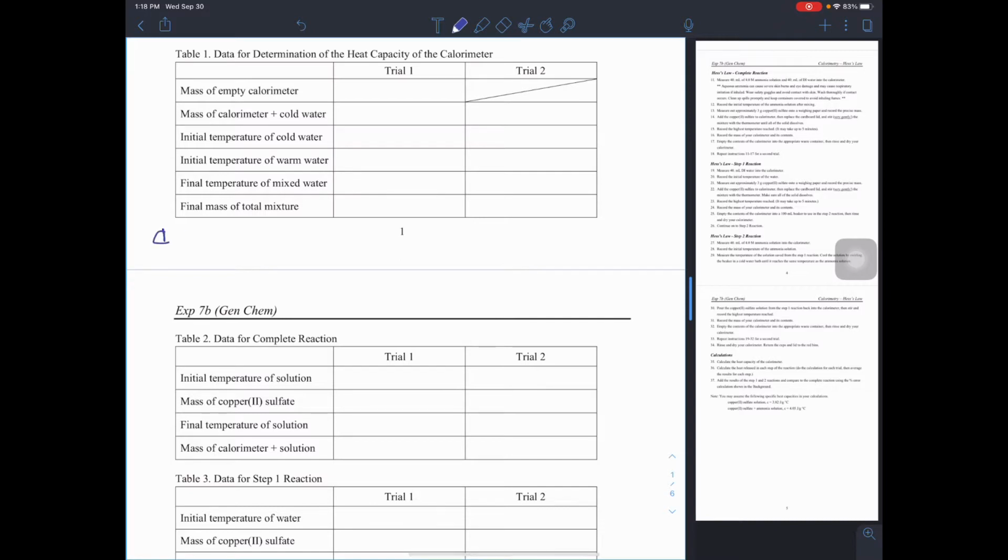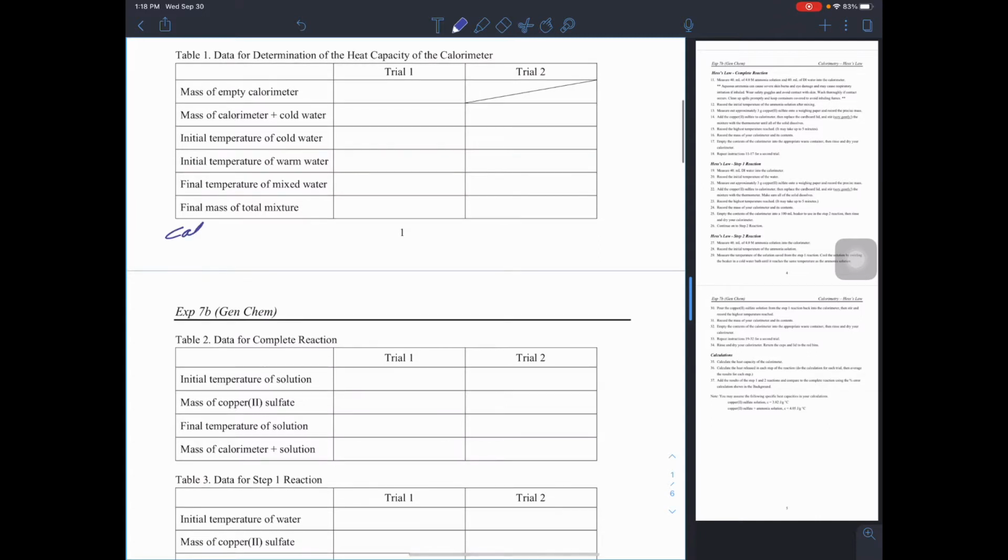So we have the, writing and talking at the same time. I should be able to do this. We have the calorimeter plus cold water. And we have the mass of the calorimeter. Okay, that's the mass of the calorimeter plus the cold water.